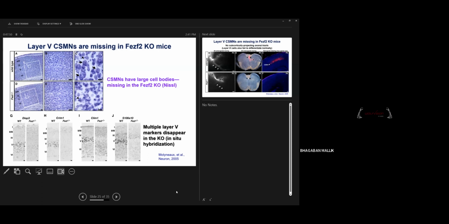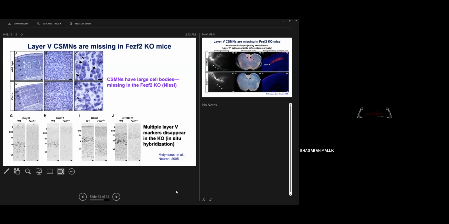You can see that those markers are present in the wild type mouse, either DIAP3 or CRIM1. But when you have loss of this transcription factor in the layer 5 corticospinal motor neuron, you can see that these are gone. Here you can see that you don't have the expression of these markers or proteins in the knockout mice. So multiple layer 5 markers disappear in the knockout mice.